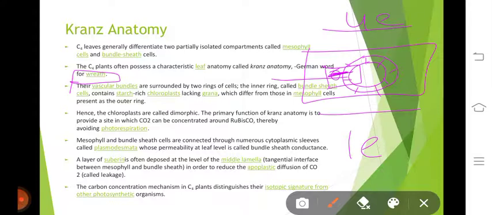So this Kranz anatomy is very important for the fixation of carbon dioxide. A layer of suberin is formed in the middle lamella of the mesophyll and bundle sheath cells, which stops the apoplastic diffusion of carbon dioxide. That is why carbon dioxide does not leak out of the bundle sheath cells, and in the bundle sheath cells, the carbon dioxide is fixed by Rubisco to form glucose.